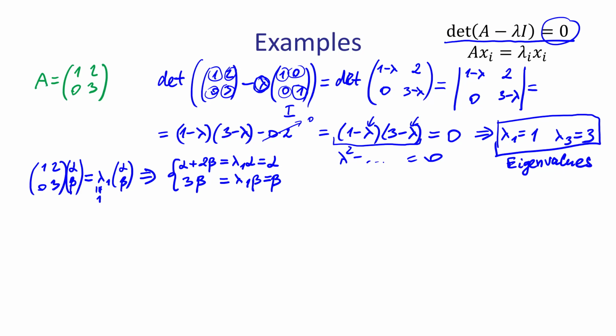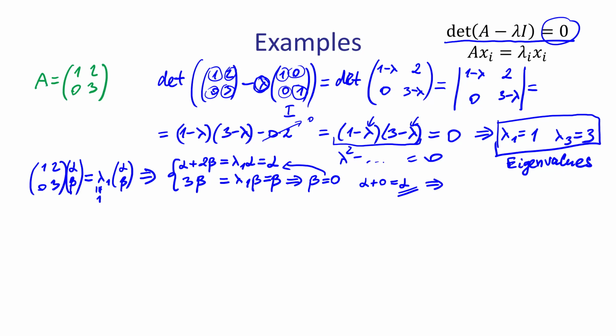Now pay attention that from the second equation beta has to be 0. And if you put that beta 0 into the first equation, you get alpha plus 0 equals alpha, which is always true. So alpha could be any number you want.